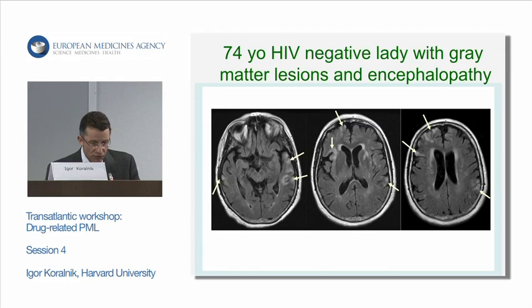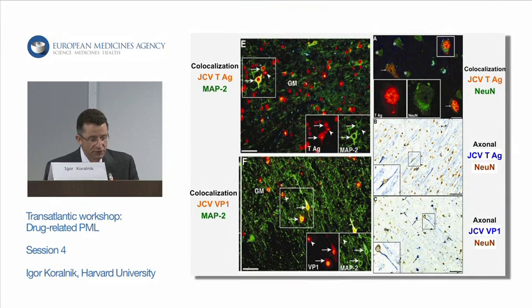To make a long story short, again, this patient unfortunately passed away. We were able to do an autopsy restricted to the brain, and using a variety of neuronal markers, MAP2 or NeuN, and either T antigen or VP1 protein marker for JC virus, you can see that the viral proteins are expressed inside of the neurons, both the regulatory protein and the capsid protein.